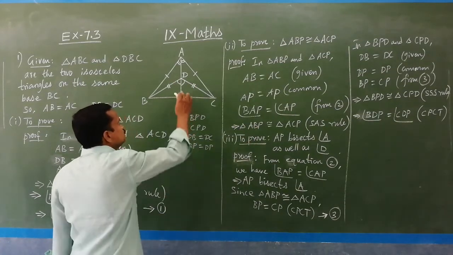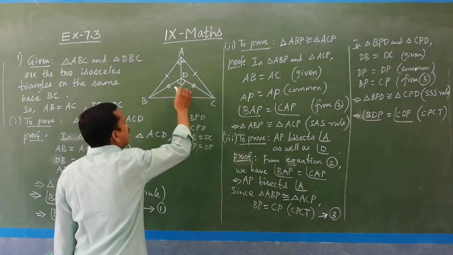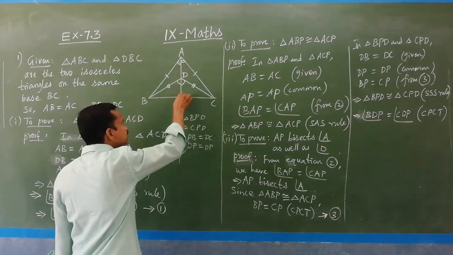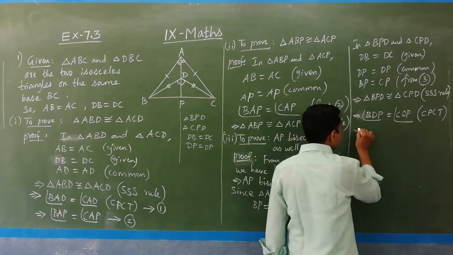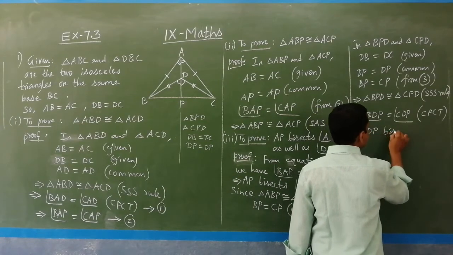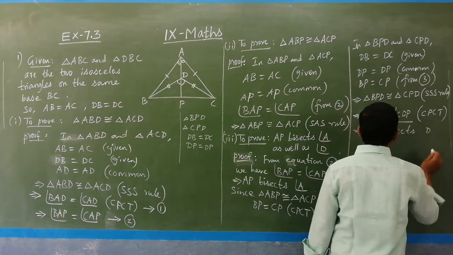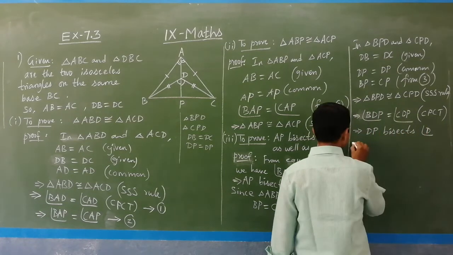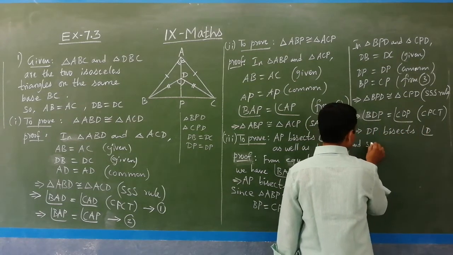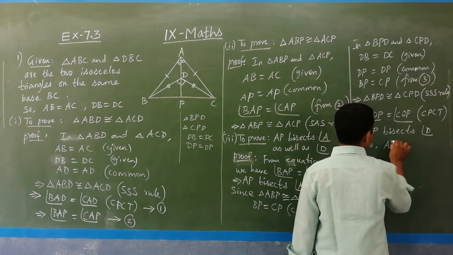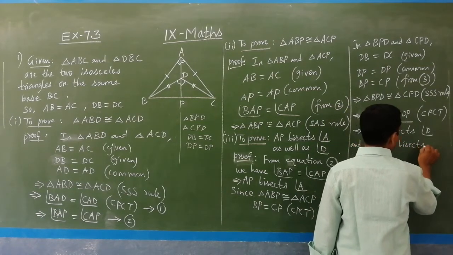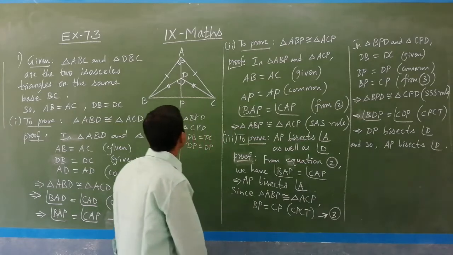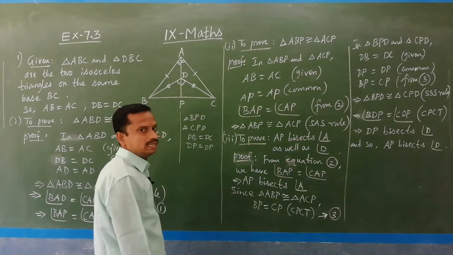Then we can say AP bisects angle D also. In these two triangles, DP bisects angle D. This implies DP bisects angle D, and so AP bisects angle D. Like that we can say, because DP is along the line segment AP.